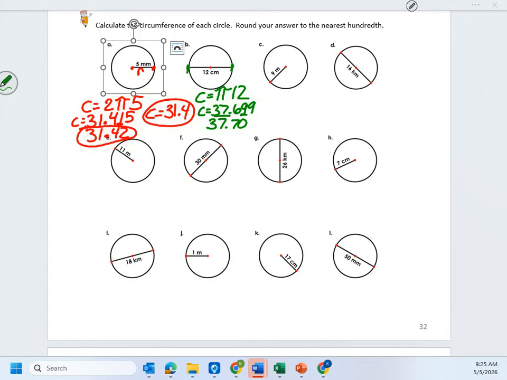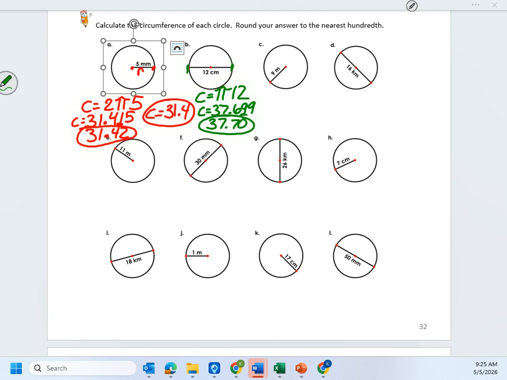37.7, or you could say 70, because that 9 rounds up to 10, so that means the 69 rounds up to 70. So you could put 37.70 or 37.7, they're the same value.